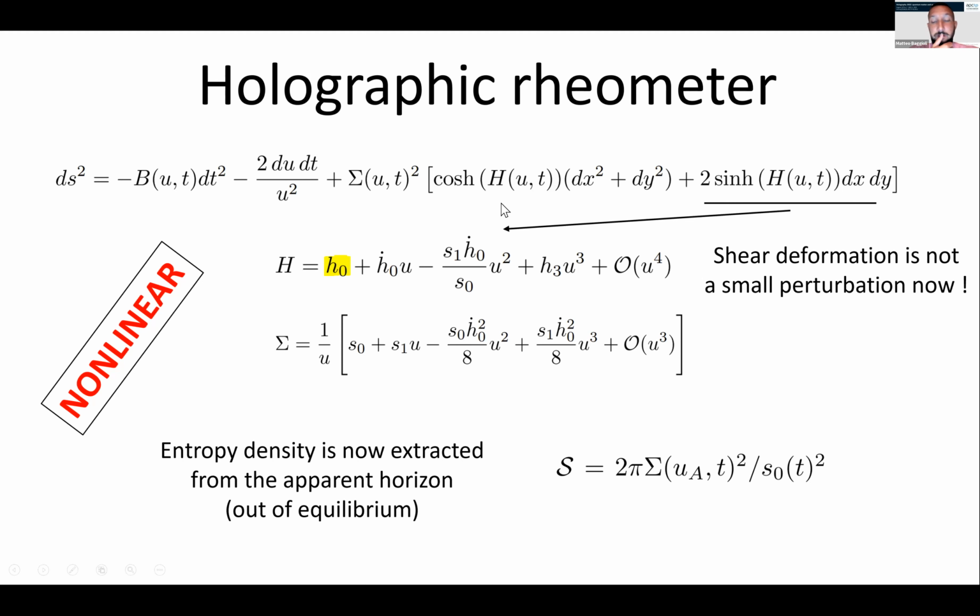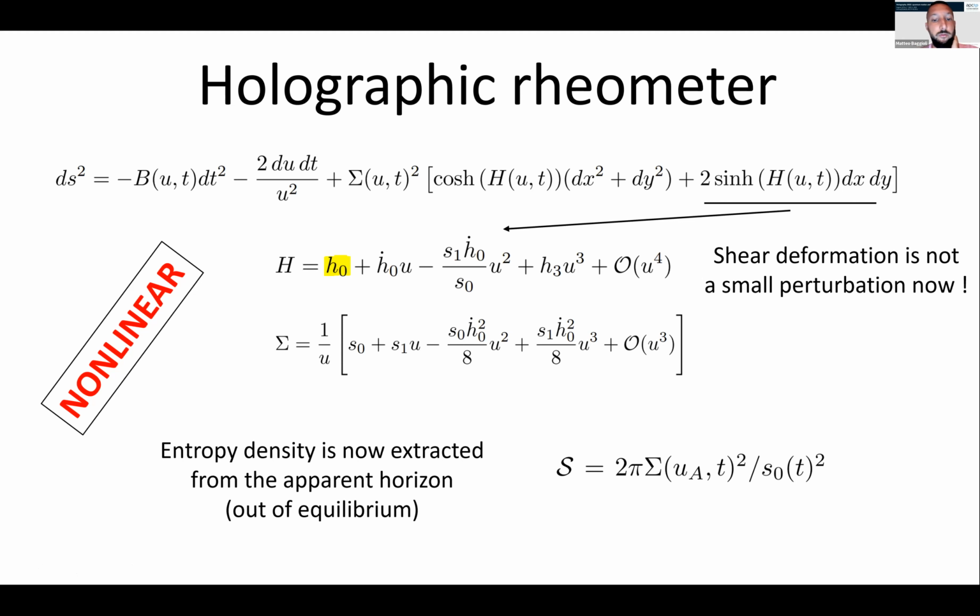And the second important feature is that there is a factor off diagonal in the spatial component. In the XY component, we put this sinh of H, and this sinh of H means that we are deforming the space-time metric with a shear deformation. So this metric is not anymore diagonal, but we are actually changing the angle between the X and Y direction.